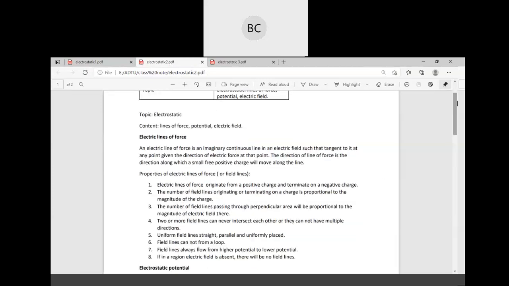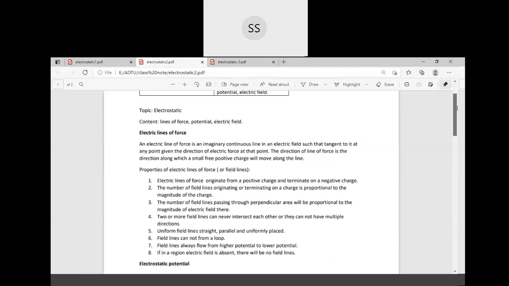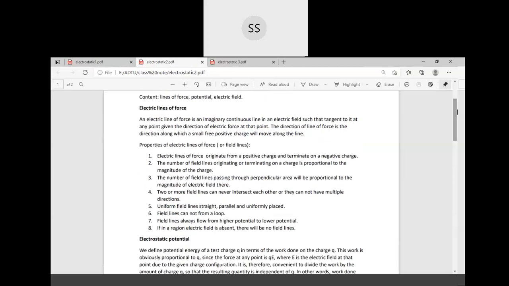Okay, first we discussed electric lines of force, which are basically imaginary lines that determine the electric field. In the picture we can see some lines for a positive source charge and for a negative source charge.